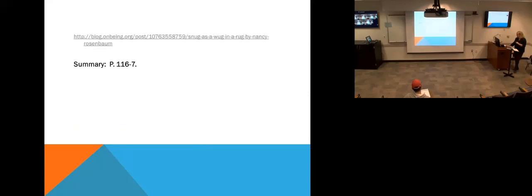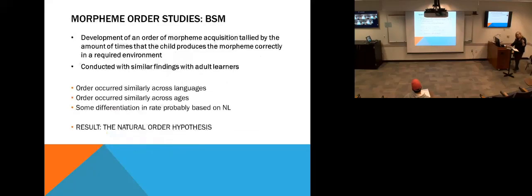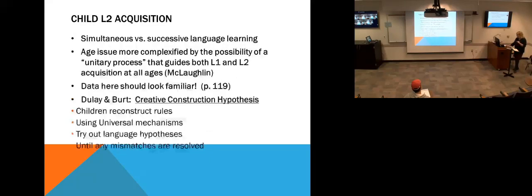And see if we can also come up with an order, and let's see if that is the same order that L1 children have or a different one. Because if it's the same order, then maybe it proves this idea of a unitary process, right? It doesn't matter if it's your L1 or your L2 if you're a kid. You're still using the same mechanisms to learn, right?